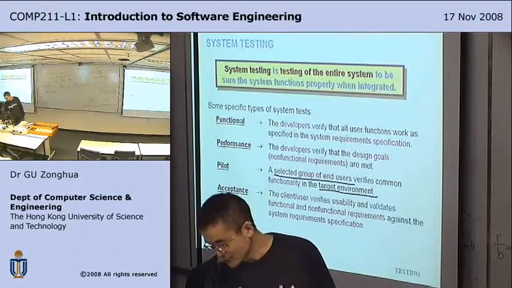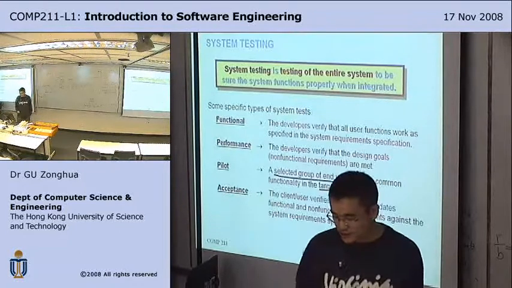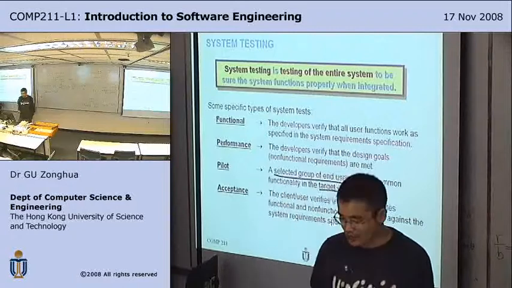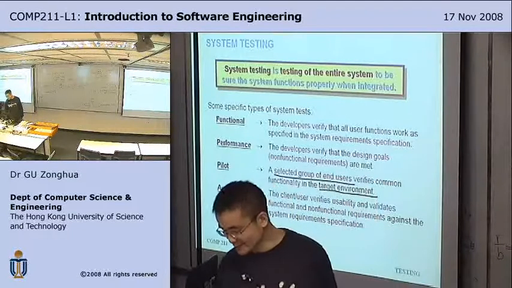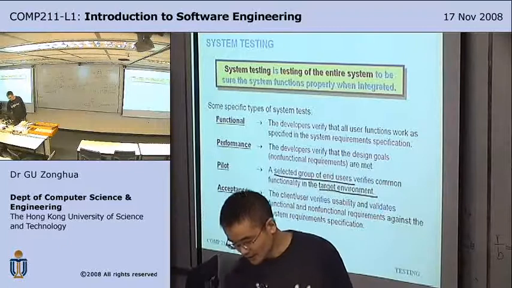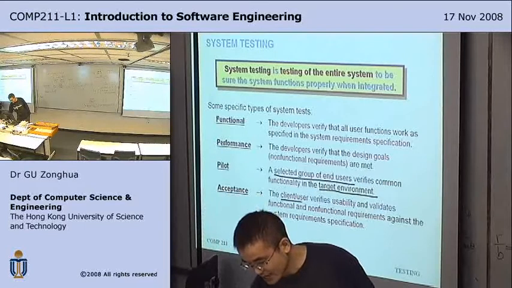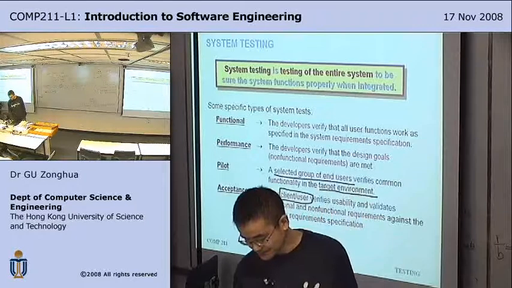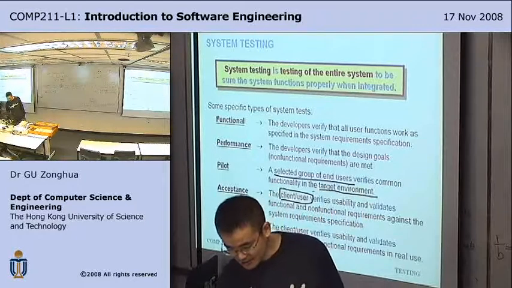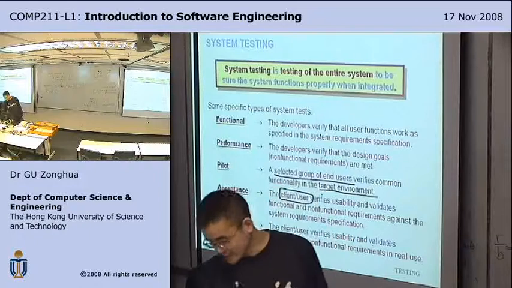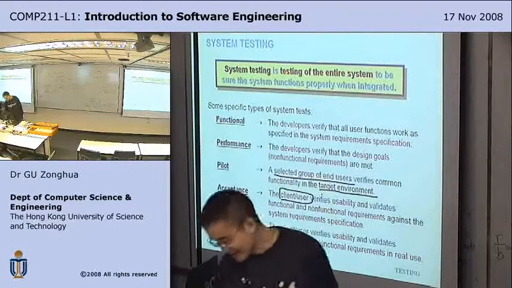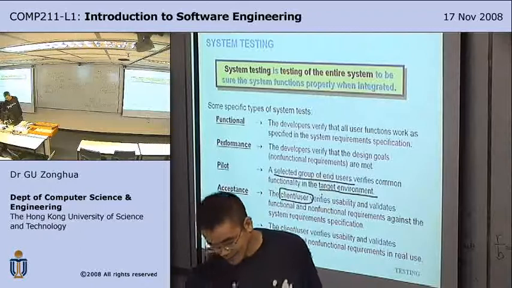Acceptance testing is when the client user verifies usability and validates functional and non-functional requirements against the system requirement specification. So here the client/user. So this is the guy who pays you. Installation is when the client user verifies usability and validates functional and non-functional requirements in the real use.